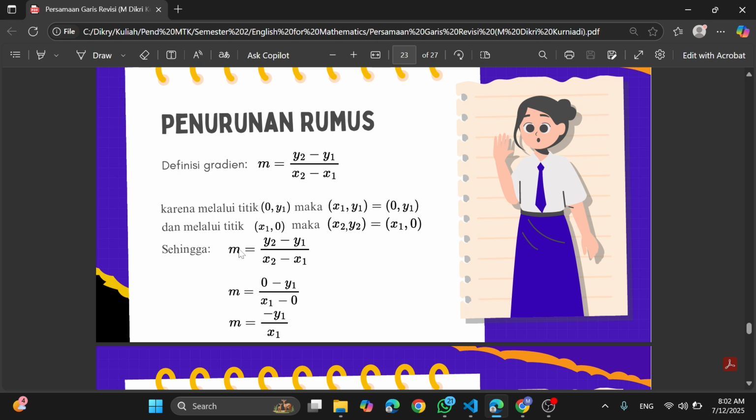Then the gradient m equal y2 minus y1 over x2 minus x1. The gradient m equal 0 minus y1 over x1 minus 0. So the gradient is negative y1 over x1.